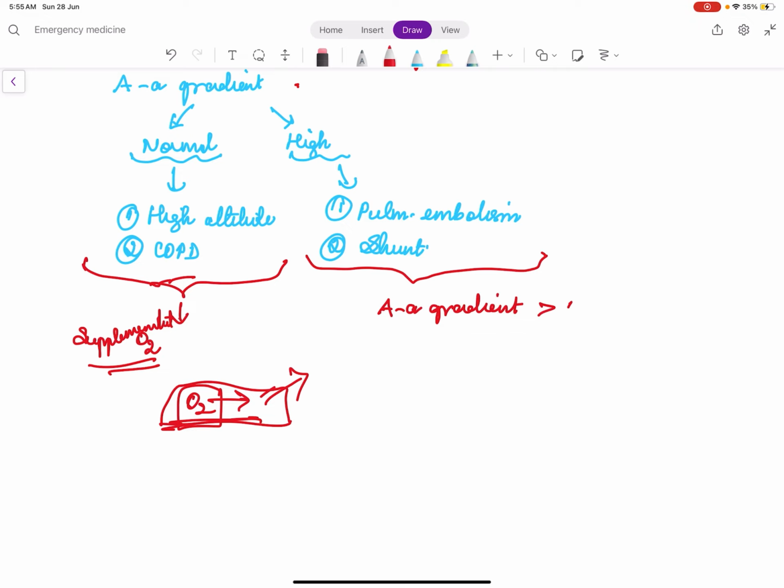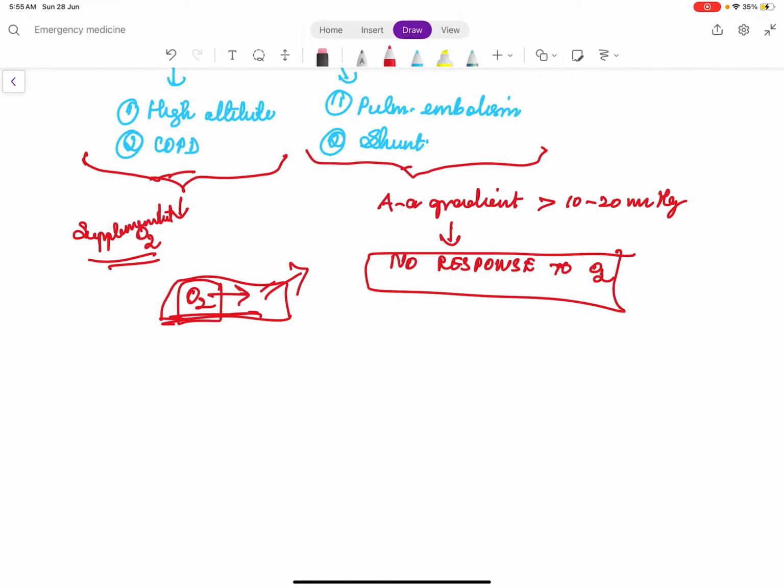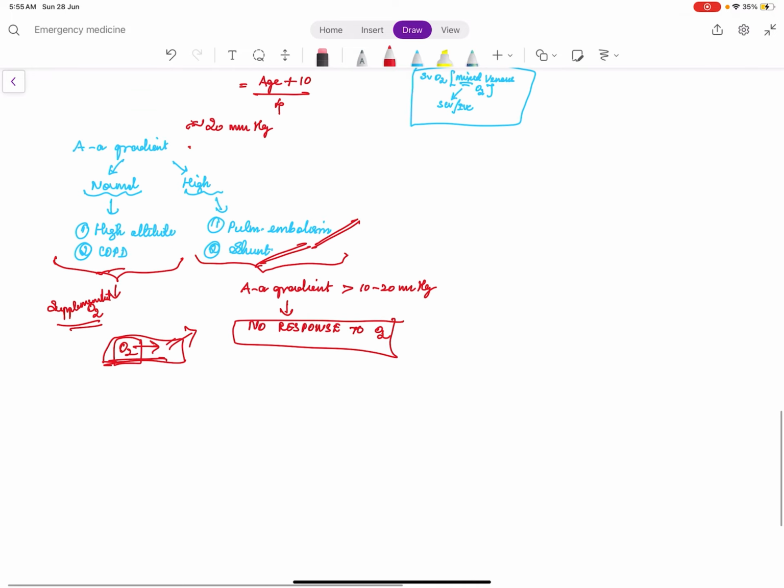They say it is increased more than 10 to 20 millimeters of mercury. This will not respond to O2 because alveolar oxygen is already normal. There is no point. Either you have to correct the shunt or you have to correct the pulmonary embolism because these two are ventilation perfusion mismatch. Right?